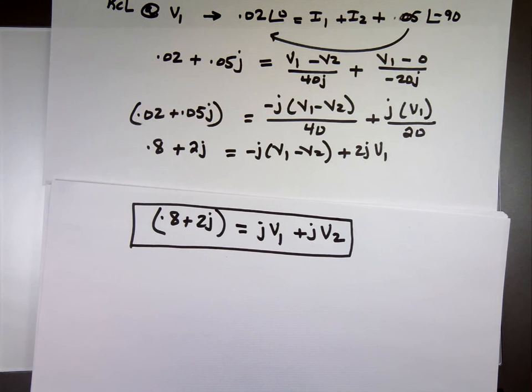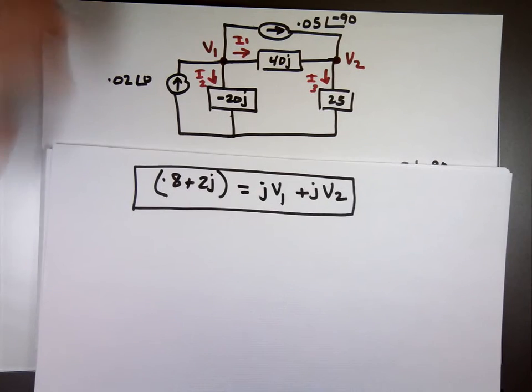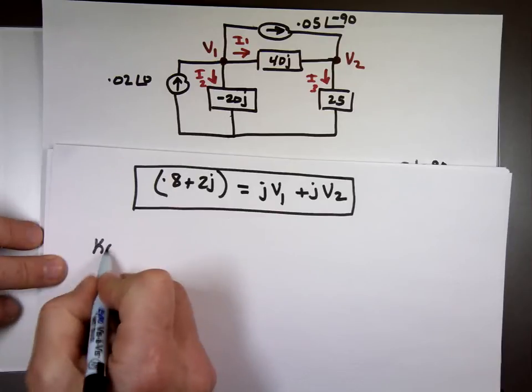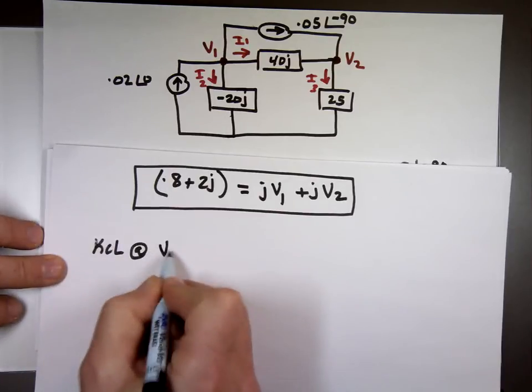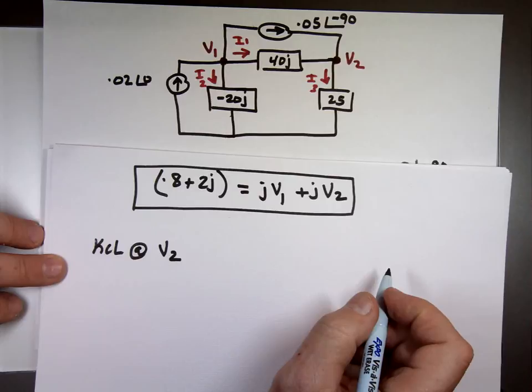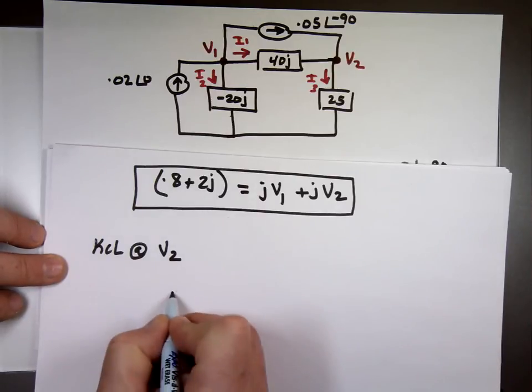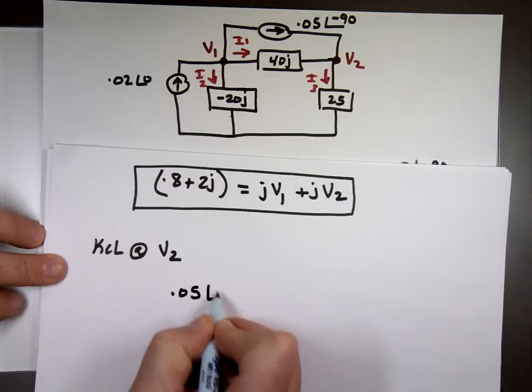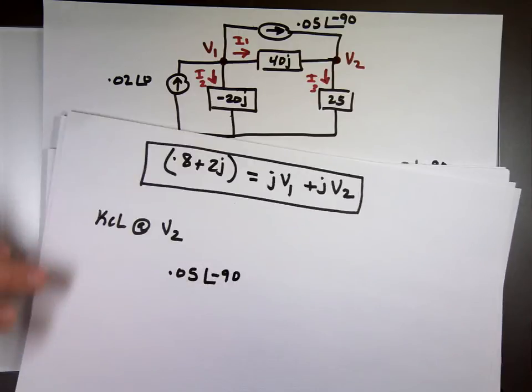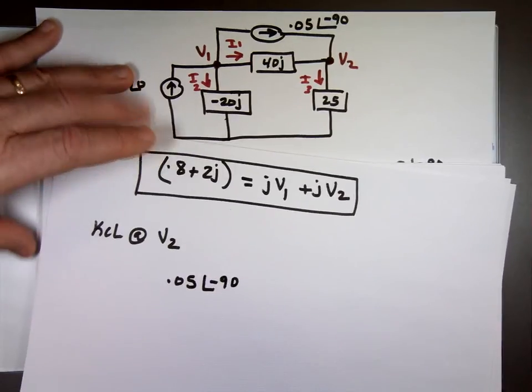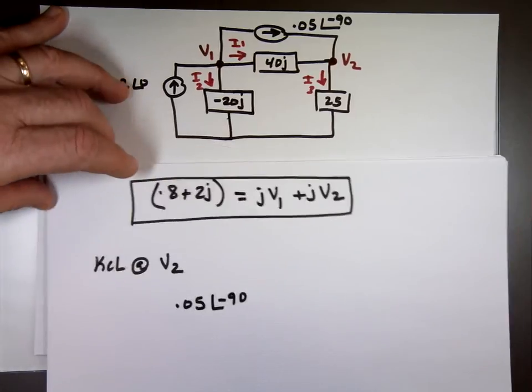Now let me go right there and do another KCL at V2. Current in equals current out. Current in, 0.05 angle negative 90. Can you see it on the top? Yep. What else?